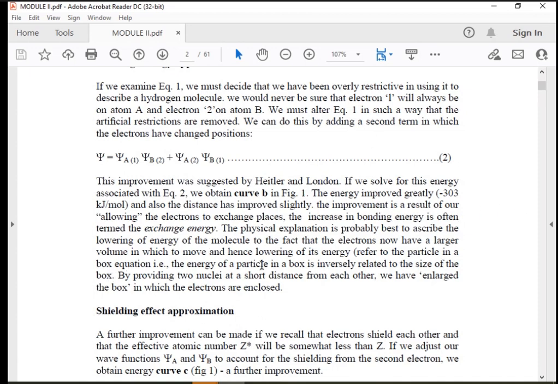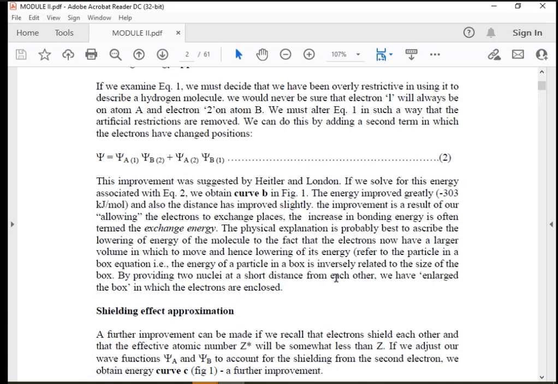Energy of the particle in a box, that I will discuss. I have discussed a little bit here, but next day I will also discuss a little bit because this is a different topic. In physics you will study particle in a one-dimensional box in the quantum mechanics part. You have quantum mechanics in the physics syllabus, but in chemistry also, in physical chemistry, you have quantum mechanics. So a little bit I will discuss next day.